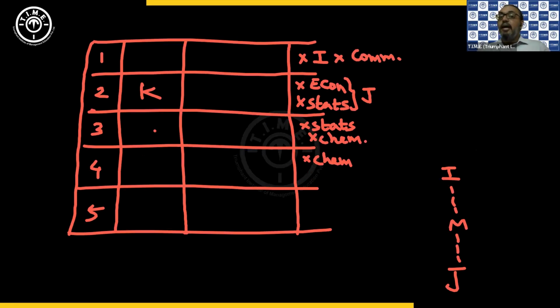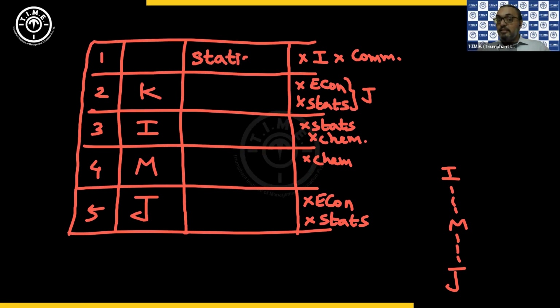Then definitely I has to be given in the third position. Then only M and J can be fixed. And now we know J also cannot be economics, cannot be statistics. Now that gives me only one possibility. That is, you are going to have statistics in the first position and chemistry in the last position.